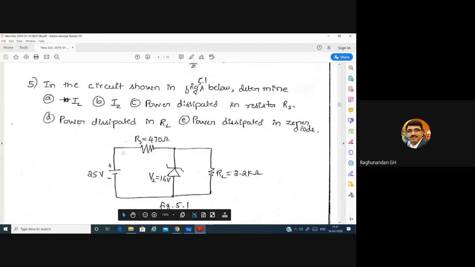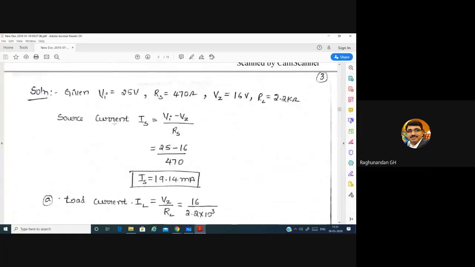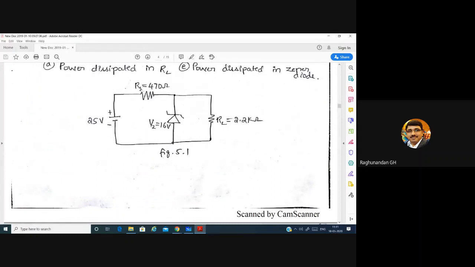Okay. So now in this case, IL, IZ, all these things are asked. IS means the current through this. You know that IS is equal to Vi minus Vz. Vi is this one, Vz is this one. The same voltage appears here.